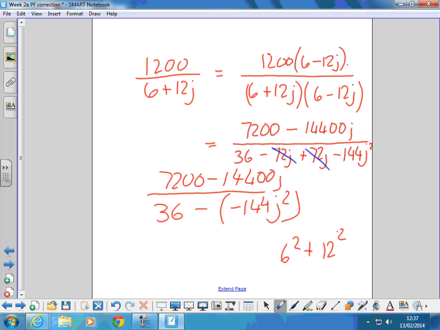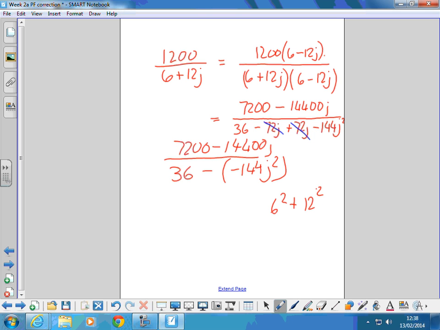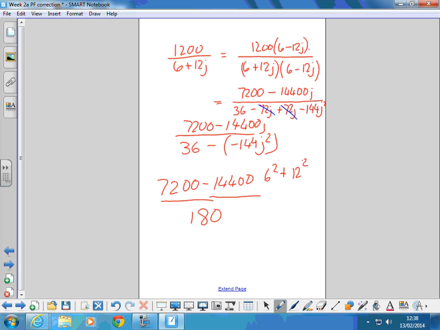So all you need to do when you do that bottom line is add the squares of both these two numbers together, and you've done that. So what is 6 squared plus 12 squared? So we got 7200 minus 14400J all over, what was it, Joe? 180.